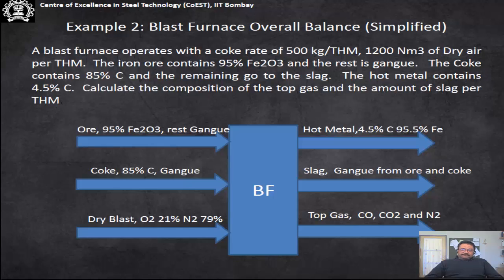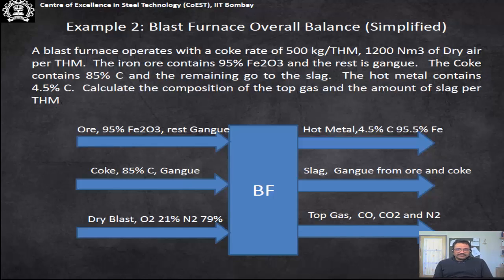So let us take a very simplified example where a blast furnace is operating with a coke rate of 500 kg per ton of hot metal. This is a typical coke rate in a blast furnace. Of course, nowadays in the modern blast furnace there are other things other than just coke. Coke is quite expensive, so one would like to replace coke with alternative fuels like coal, and injectants like oil, tar, plastics.